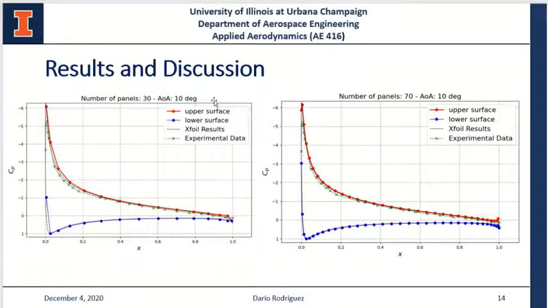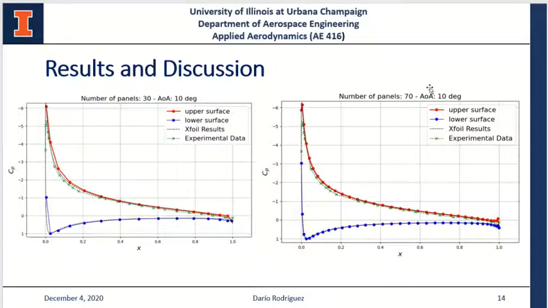However, for the same airfoil, if we increase the angle of attack to 10 degrees, we get this difference between the pressure coefficients of the upper and the lower surface. And it's interesting also that the pressure coefficient right here is almost the same as the experimental data for this particular airfoil.